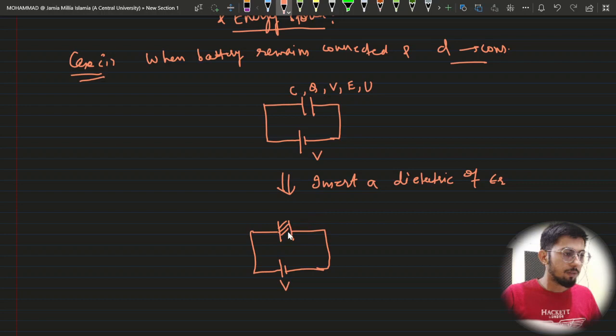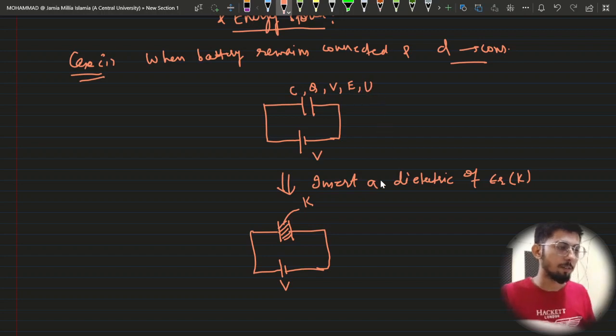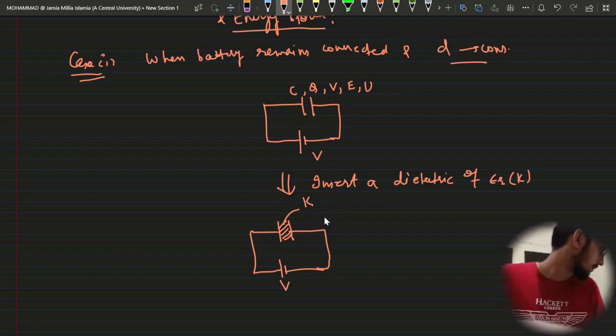Now we have inserted a dielectric of K or epsilon r, whatever you call it. After insertion, what will happen to each one of charge, capacitance, voltage, electric field, and energy stored in the capacitor? That is the question.